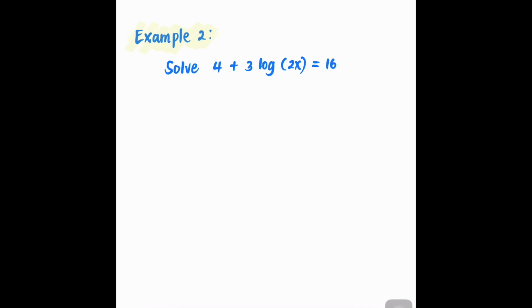So we can see that we have a constant term of 4 and a constant term of 16. So definitely what we can do first is to move the 4 all the way here to the right-hand side. So we just simply copy 3 log of 2x equals 16, and 4 jumping over the equal sign.